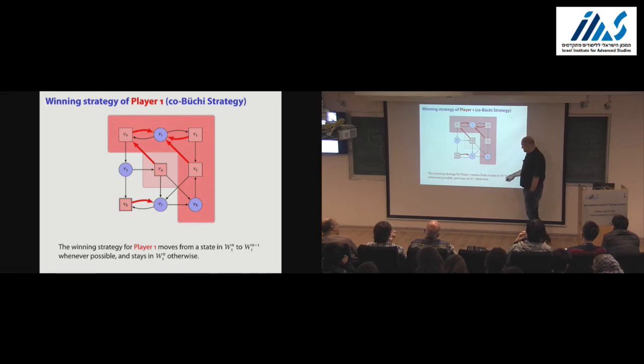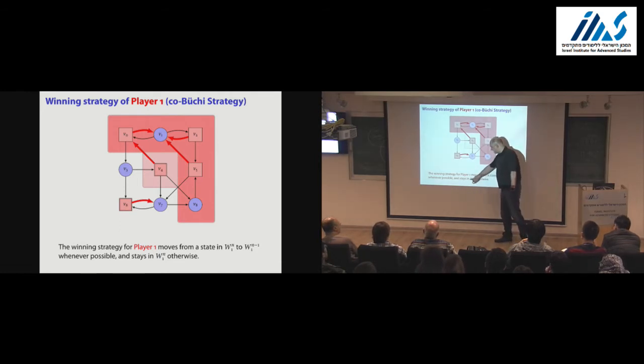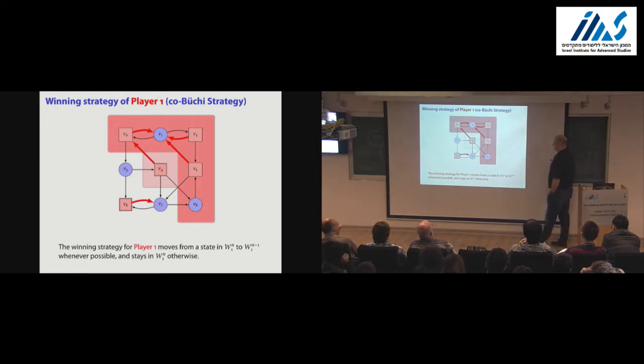So if we are in a state where the guarantee is that player 0 can enforce at most n return visits to F, then we try to move to a state where the guarantee is that player 0 can enforce at most n-1 visits back to F. If this is not possible, then we simply stay in a state that still has the guarantee that there are at most n visits back to F.